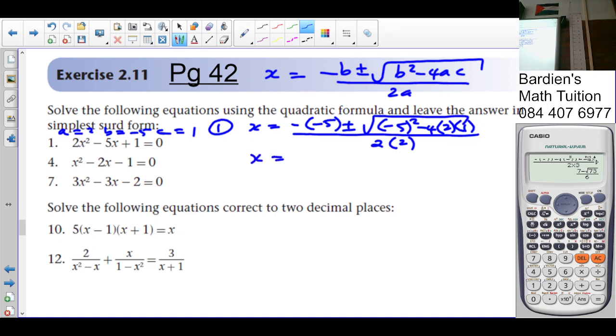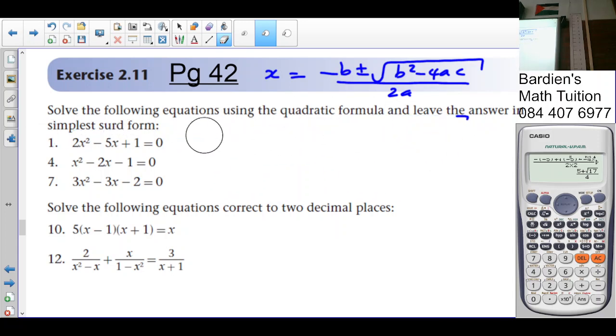You put that in the calculator. So it's 5 plus minus the square root of 17 over 4. You all okay with that?